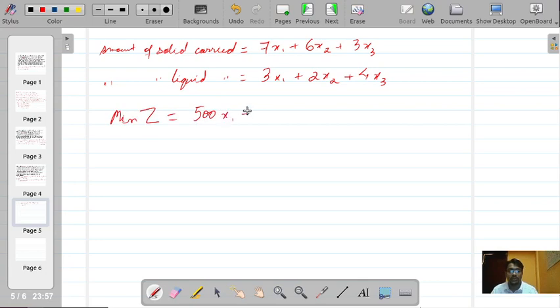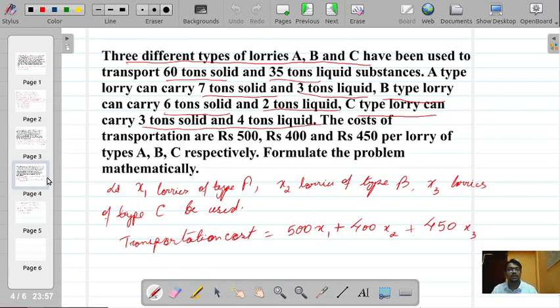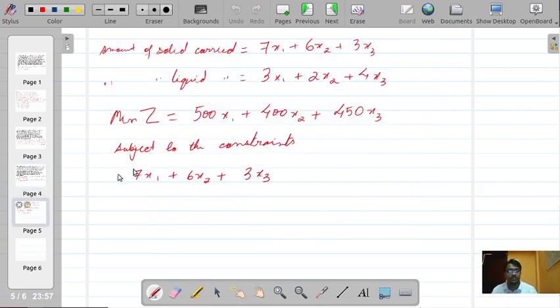So it's minimize 500x1 plus 400x2 plus 450x3 subject to the constraints 7x1 plus 6x2 plus 3x3, since the lorries have been used to transport 60 tons solid and 35 tons liquid substances. So this is the total we are transporting.